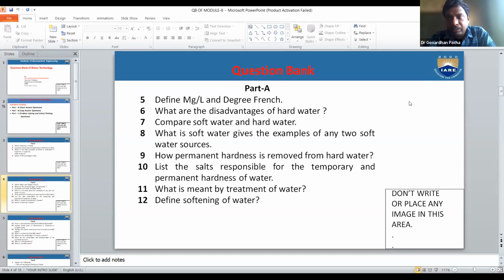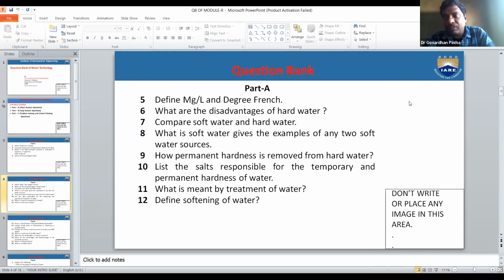So when you eat tomatoes or lemons or orange juices, those juices contain oxalate ions, and the oxalate ions form complexes with calcium and magnesium. Finally, these convert into stones in our bodies, especially in the kidneys and gallbladder. So that is the disadvantage of hard water.